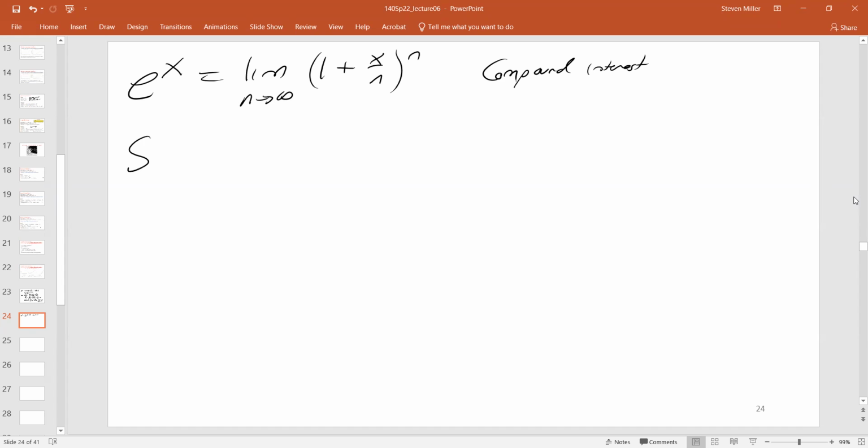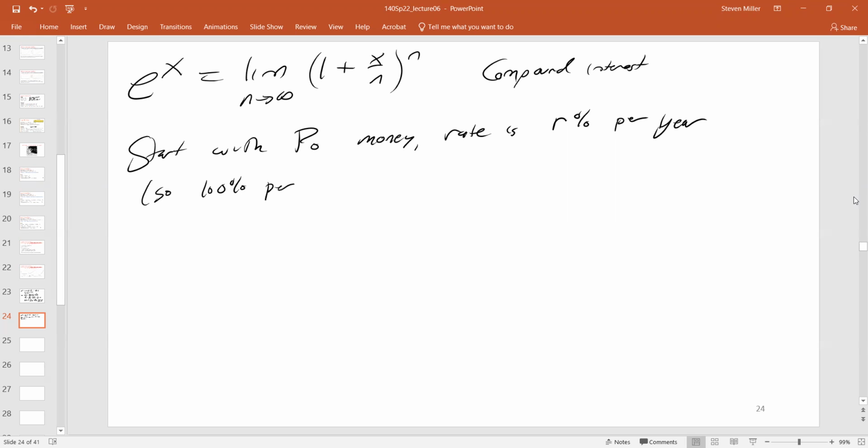Let's say you start with P naught money. The rate is R% per year. So if it's 100% per year, what would R equal? 1. Okay. So 100% per year is R equals 1.